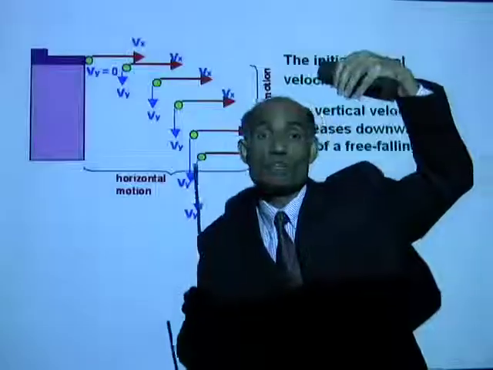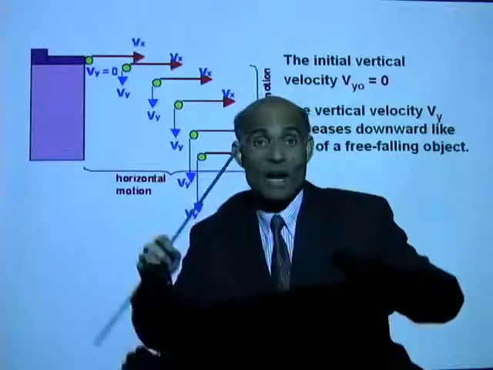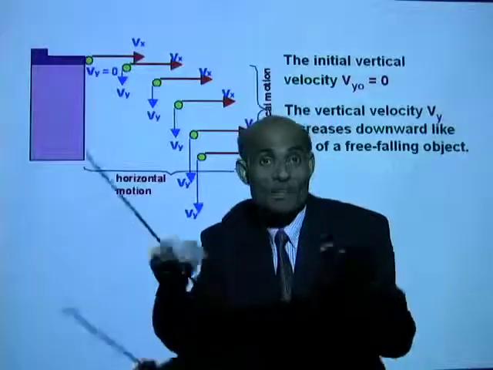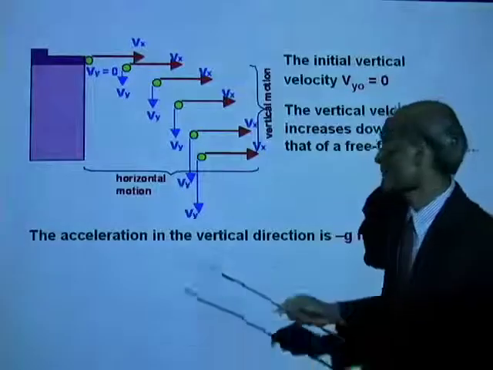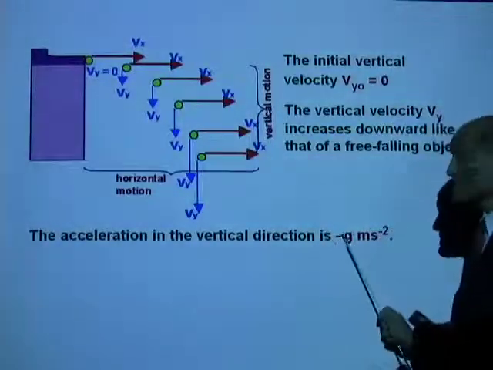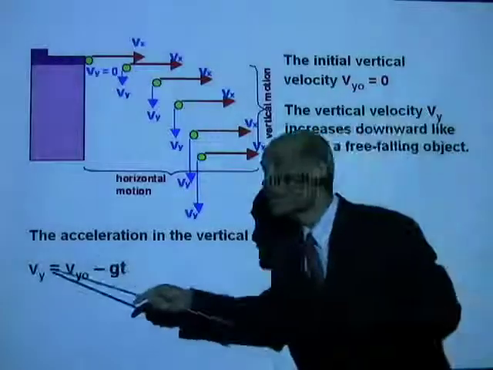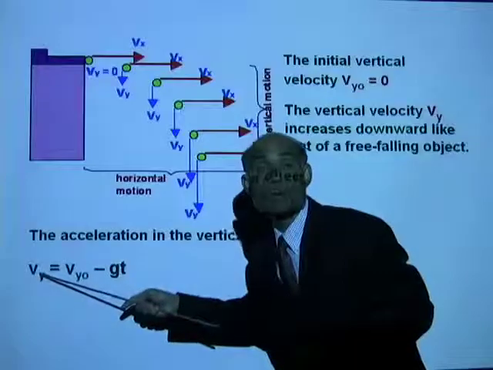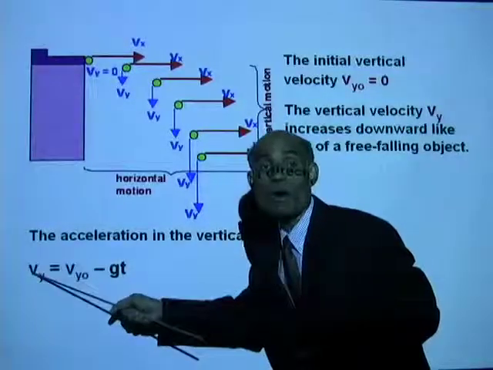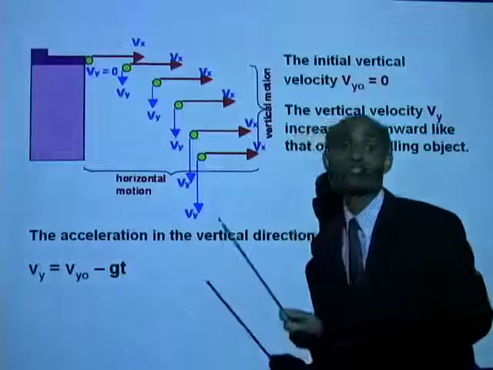The vertical motion of the freely falling ball and the vertical motion of the projected ball are exactly identical. The acceleration for the vertical motion is negative g, which we talked about. That means the equation for the velocity of the vertical motion is Vy equals Vy0 minus gt.